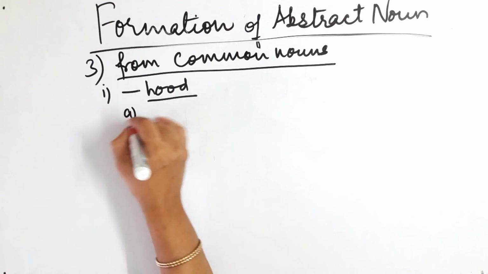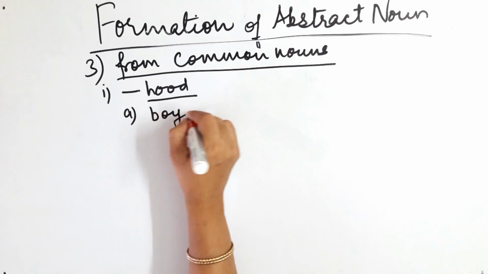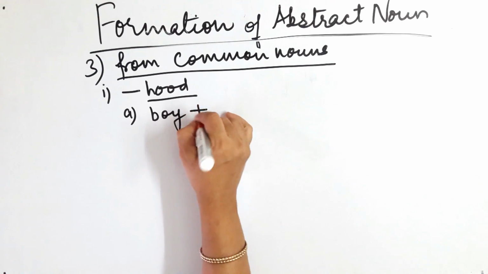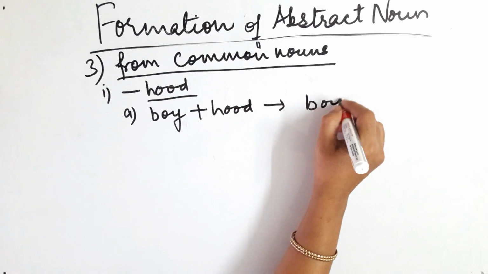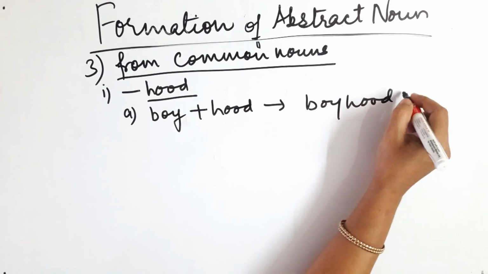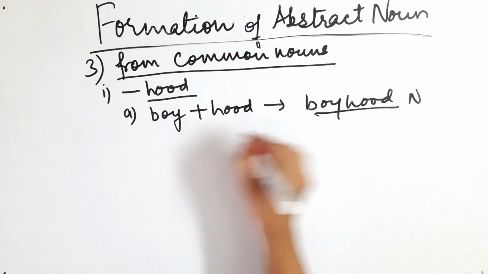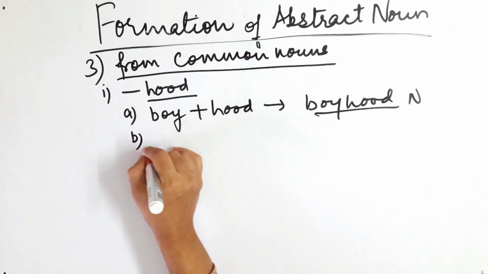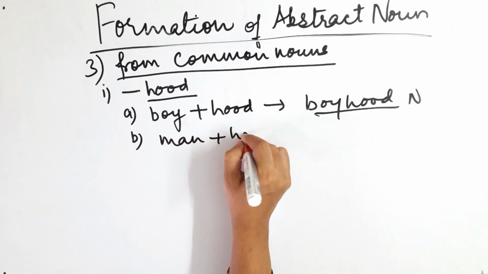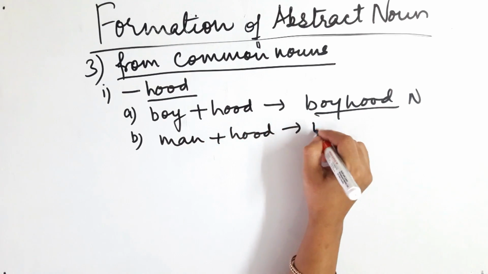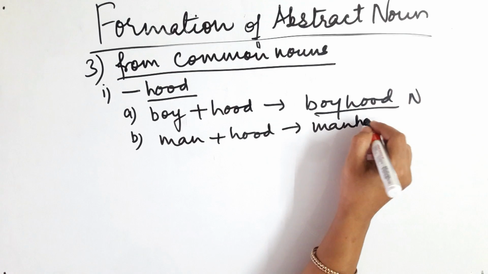Now suppose the word is boy. It's a common noun. We will add HOOD. It becomes boyhood. This is an abstract noun. Then I have man plus hood, which again falls in the same category, manhood.